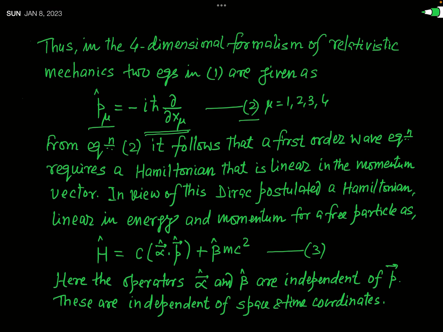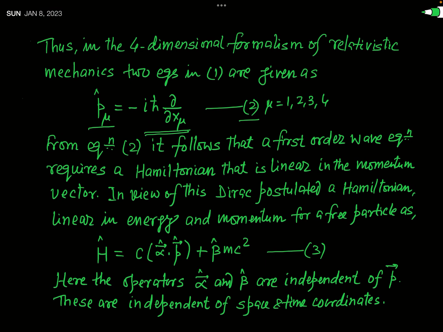What I have told you, that any first order wave equation needs a Hamiltonian which is linear in the momentum vector. And in the Klein-Gordon equation there was a problem that the Hamiltonian was not linear in momentum, because you have seen that the expression for the relativistic Hamiltonian contains the p squared terms.